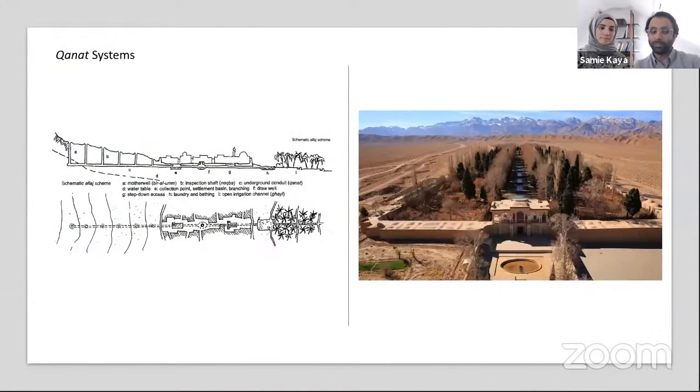So something very interesting I want to share with you. Many of you won't know this, and many books miss this out, is that the way water was brought into towns and cities was using a very interesting system which goes back thousands of years.